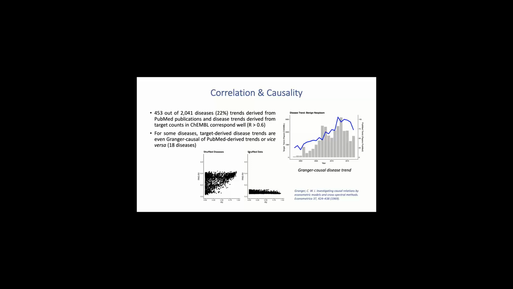And what we did is we actually also queried PubMed independently of Campbell, really looking into the paper titles and abstracts and looking for the disease terms that we captured, and then counting the papers for these diseases over time, and then really overlaying the plots for the target trends from Campbell. And we only found 18 Granger causal disease trends in our study out of 2,000.